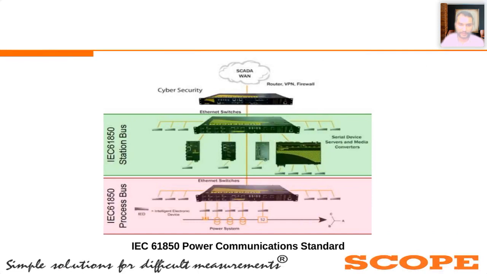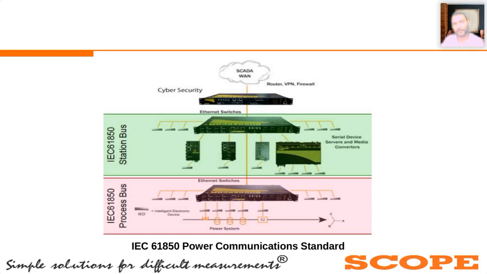This is the advanced application where, instead of analog CT and PT, there are CTs and PTs coming with digital outputs. So the input of CT and PT will be terminated directly in the Ethernet switches, and it will then be connected to the station bus like the previous case. The only change here is that in the process bus, all the signals come in digital form, in data packets. No analog signals, no hardwiring is required.